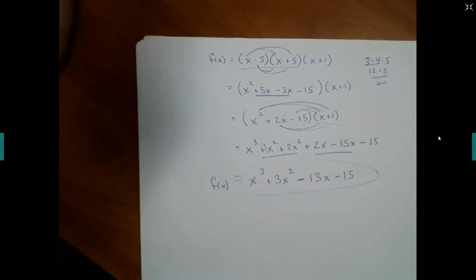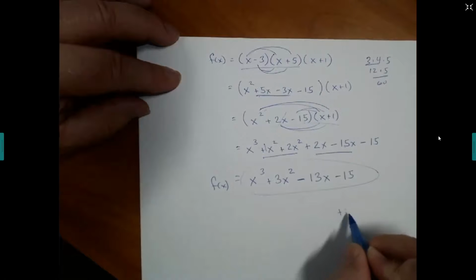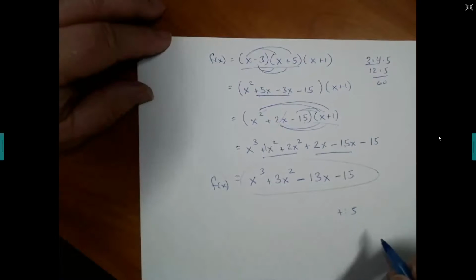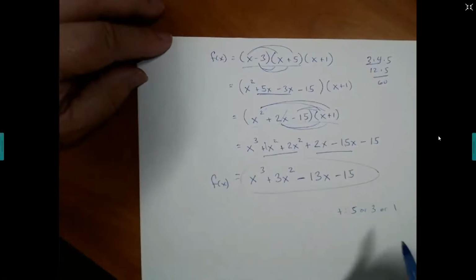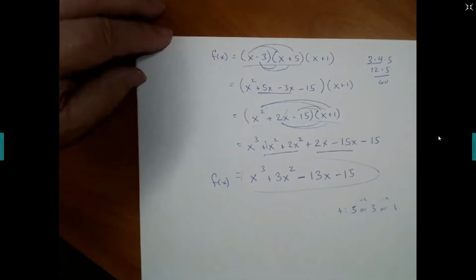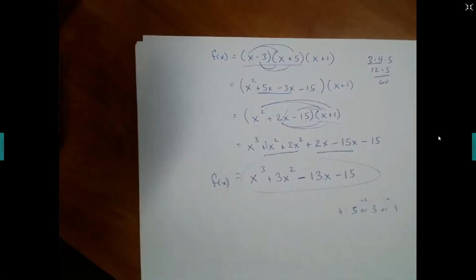Now, remember earlier I told you when we looked at the rule of signs, let's say if we had 5 positives, what other possibilities could there be? I told you always subtract 2. And here's the reason why.